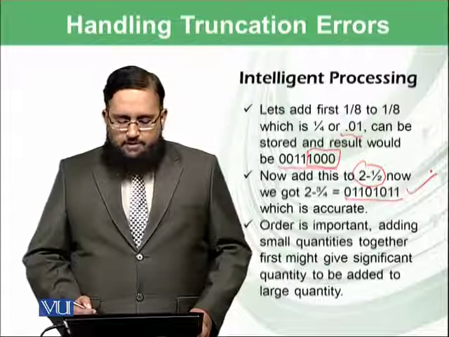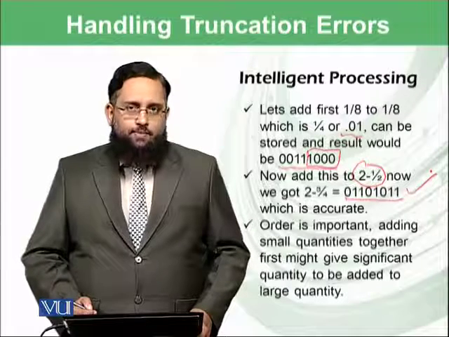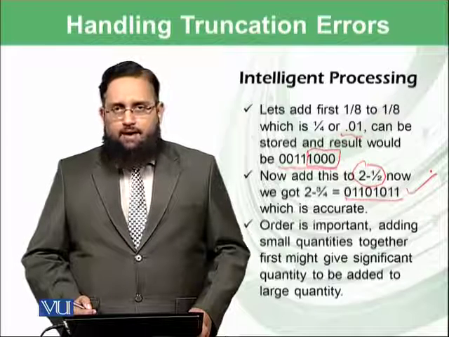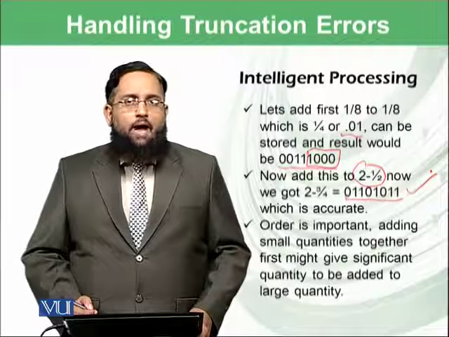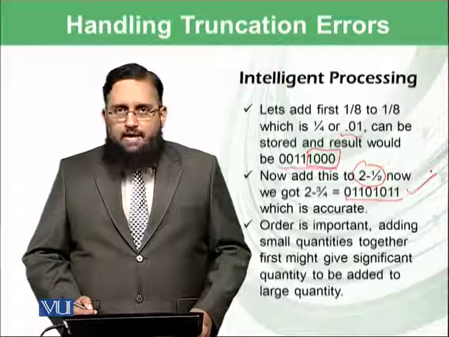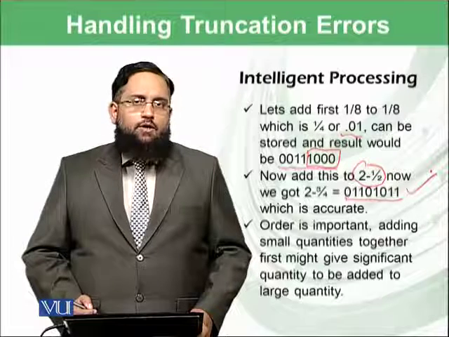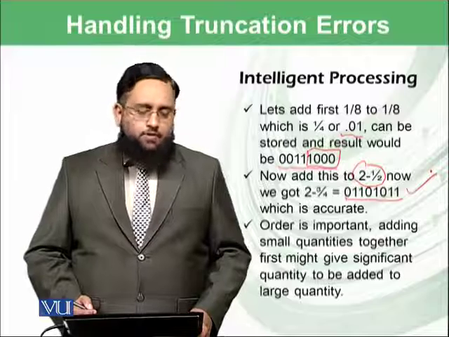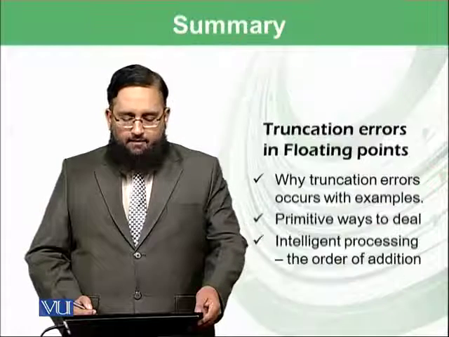So this means the order is important. If we have multiple fractions to be added, we should try to add the smaller fractions first, and then that answer could be sufficient to be added and accepted by the larger quantity. Then we will have the right answer.